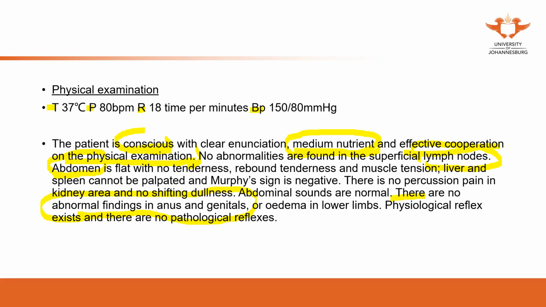Be careful here, although we write this, in most conditions we don't really examine, especially the private area and also the breast. If the patient does not present with these problems, in most conditions we don't really examine it, to avoid disputes.